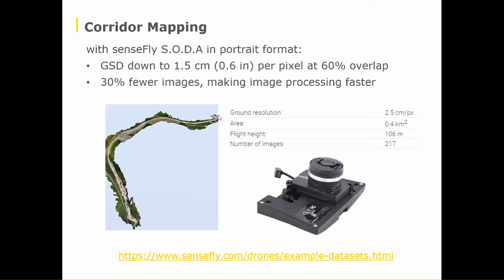For example, in the case that you see on the slide, you have 30% fewer images than with a standard camera with a standard orientation. If you already own a standard S.O.D.A camera, it requires a special adapter that will fit in your drone.